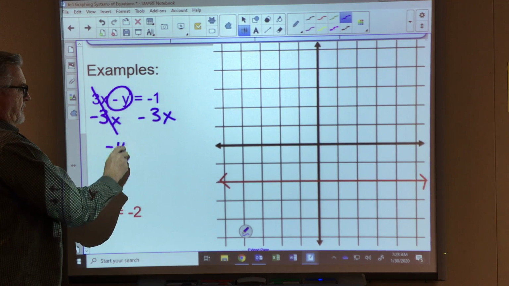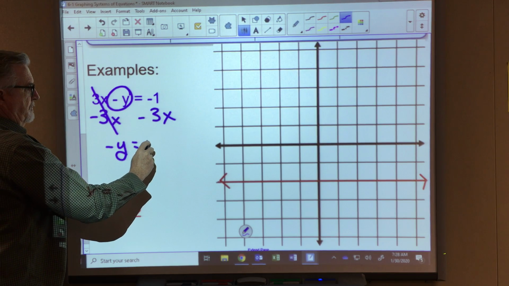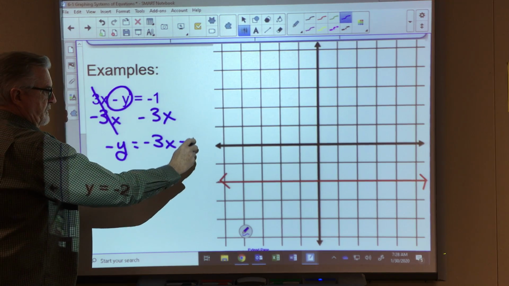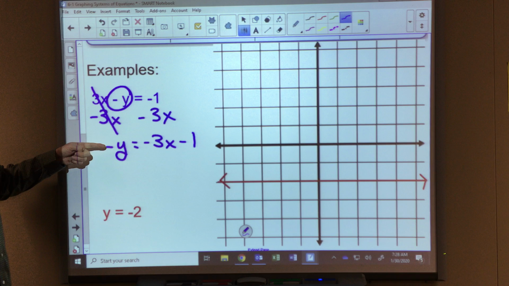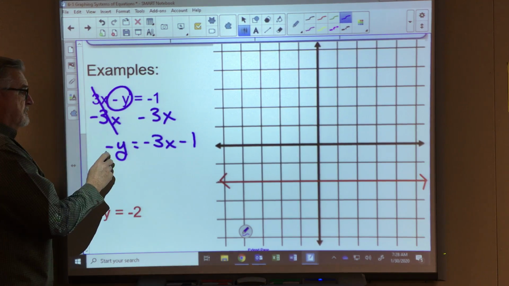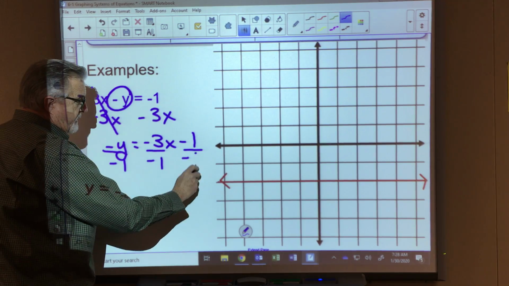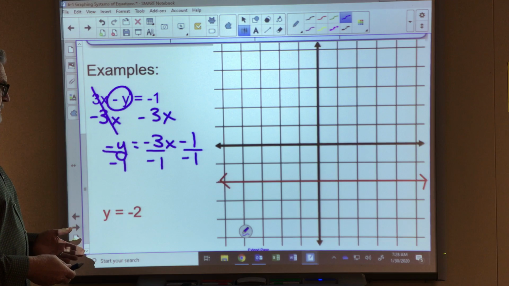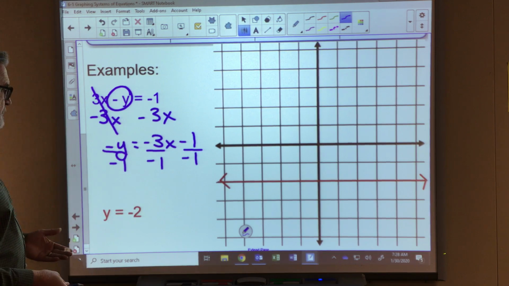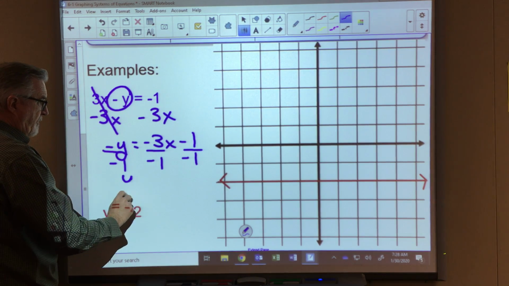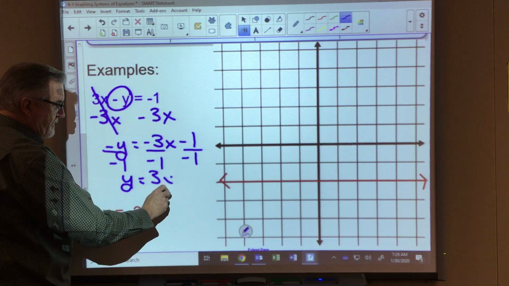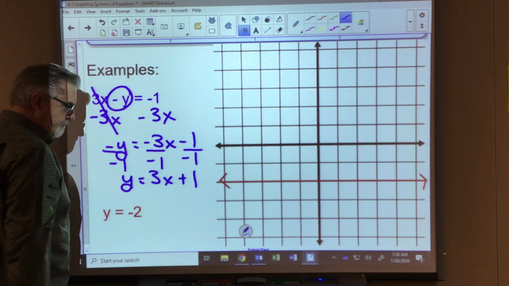I'm going to bring down the negative y is equal to negative 3x minus 1. They're multiplying y by the ghost of -1. So we're going to divide every term in here by -1. Basically, all that does, we've learned, is it changes the sign on each one of the terms. So now we have y is equal to 3x plus 1.